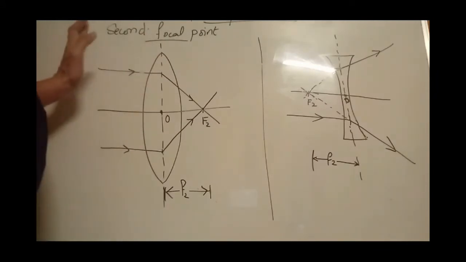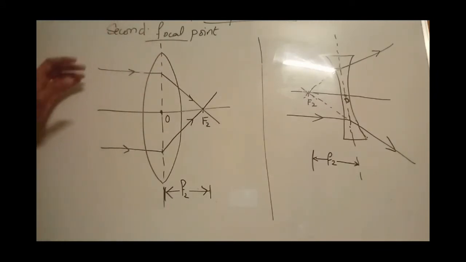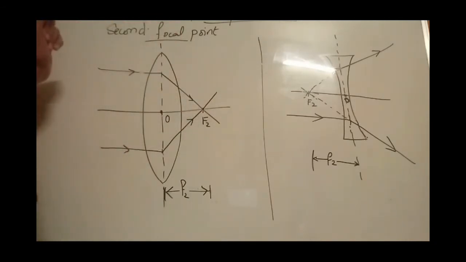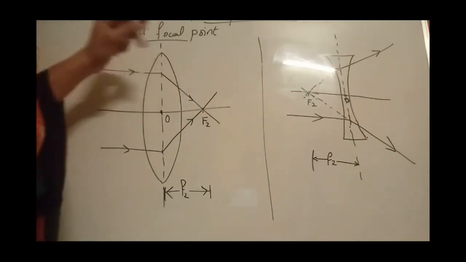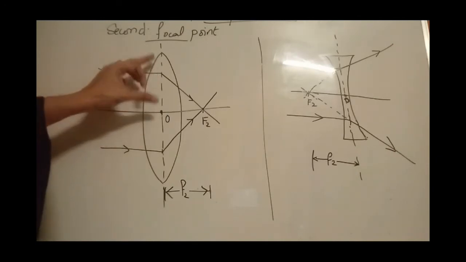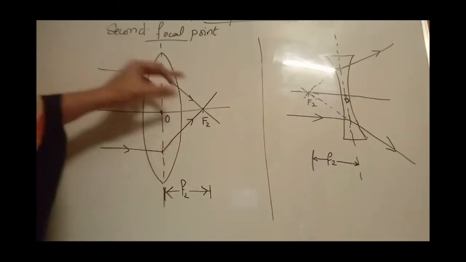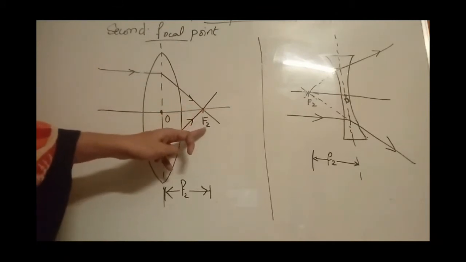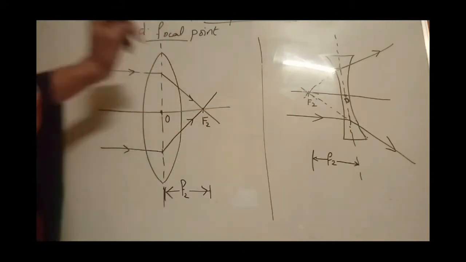For the first focal point, the rays were coming from the focus and were going parallel after refraction, whereas the second focal point is defined how? The rays parallel to the principal axis, after refraction through a convex lens, will converge at a single point F2, which is known as the second focal point.